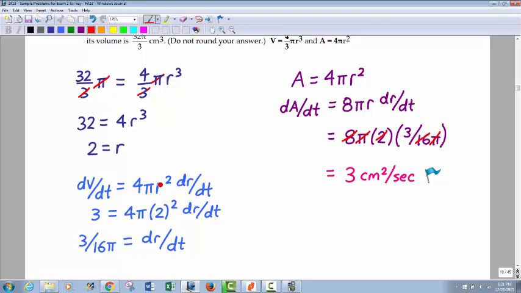We have 3. We now know r is 2, so we could solve for dr dt, which is 3 divided by 16 pi. So we bring that number back up over here, and then there we go. So pi's happen to cancel out conveniently, and it all turns into a beautiful 3 there. So the units would be centimeters squared per second.